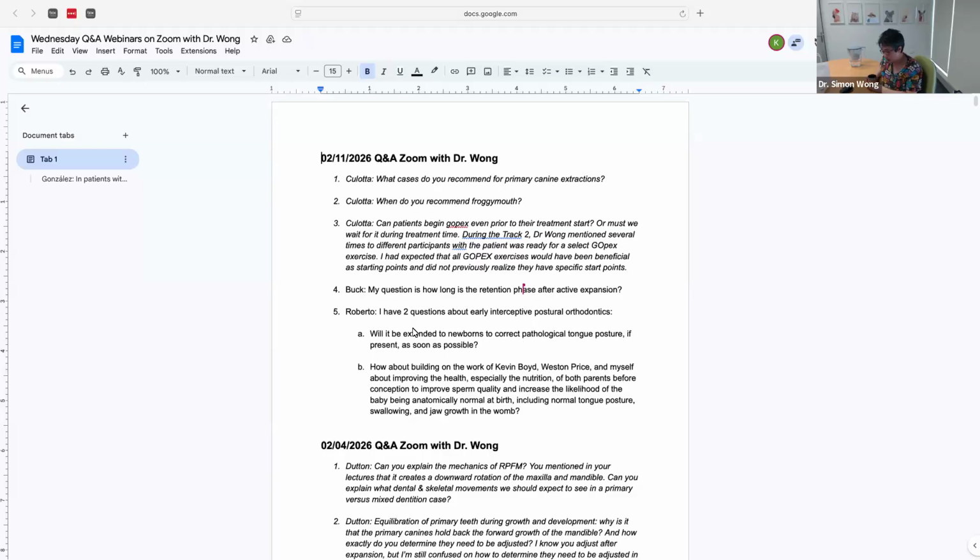So retention continues until the final transition out of mixed dentition into permanent dentition.